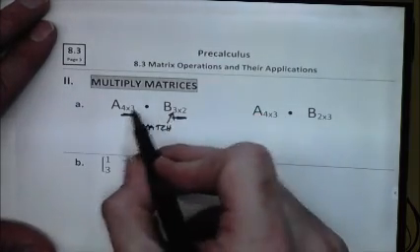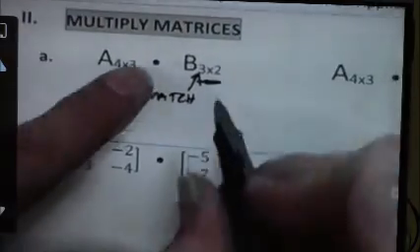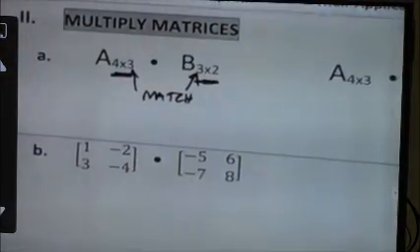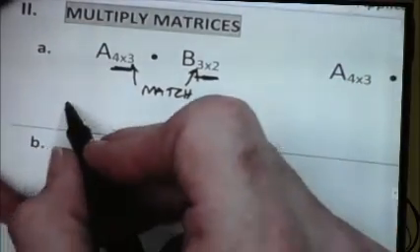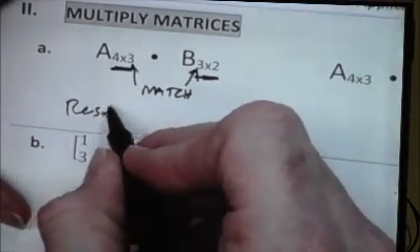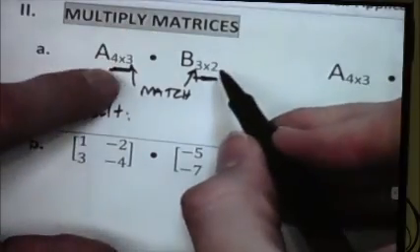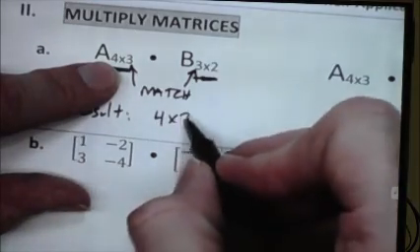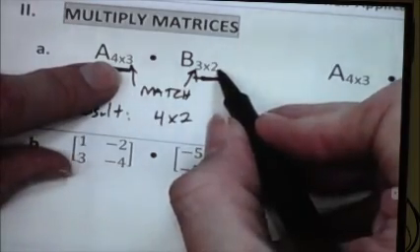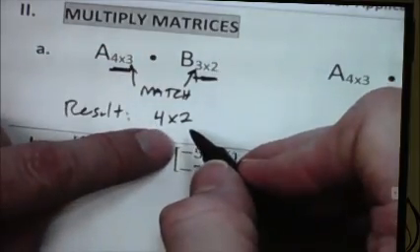See, they're both 3s. Because those match, yes, you can indeed multiply these two matrices. But the resulting matrix after you multiply it is going to use the two outside numbers. The resulting matrix is going to be a 4 by 2 matrix.